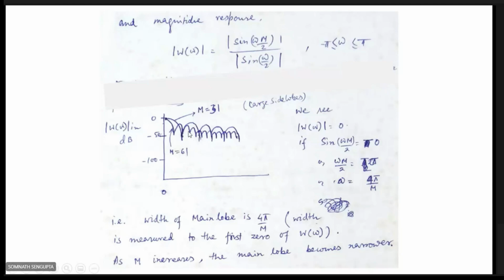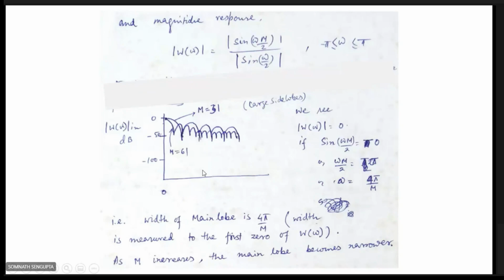That means omega is equal to 4 pi by M. This is the frequency at which the function becomes 0.